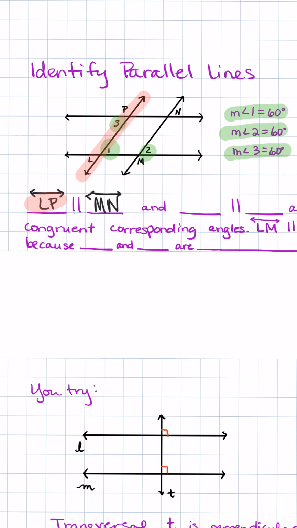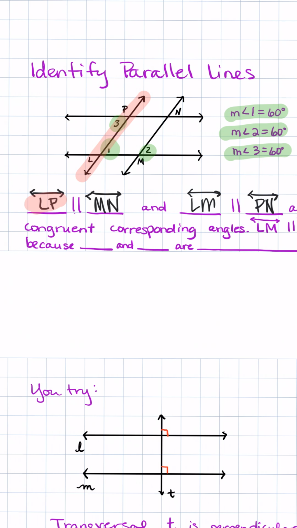And LM is parallel to PN, because they are congruent corresponding angles.